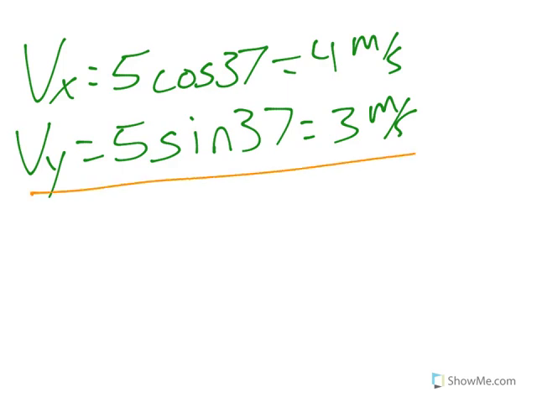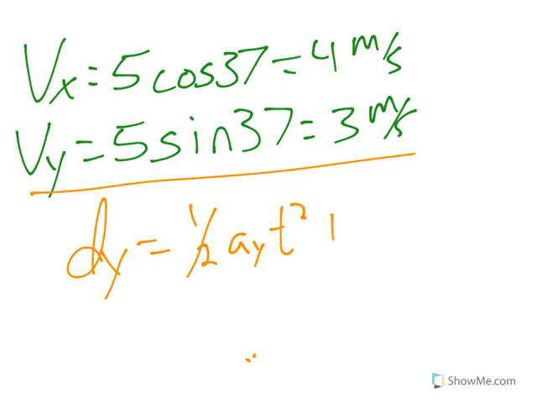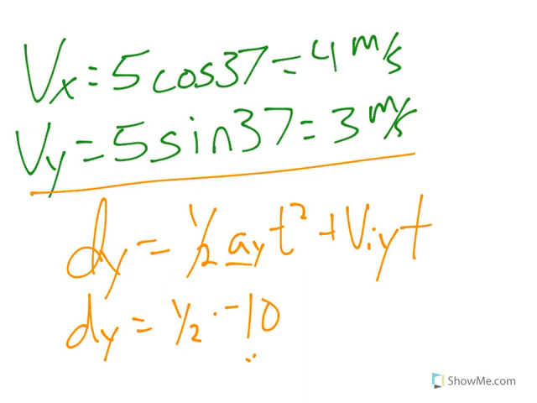If we look at our formula, distance in the y is equal to 1/2 ay t squared plus Viy t. We know ay is negative 10, so dy should equal 1/2 times negative 10 times some t plus an initial velocity in the y.